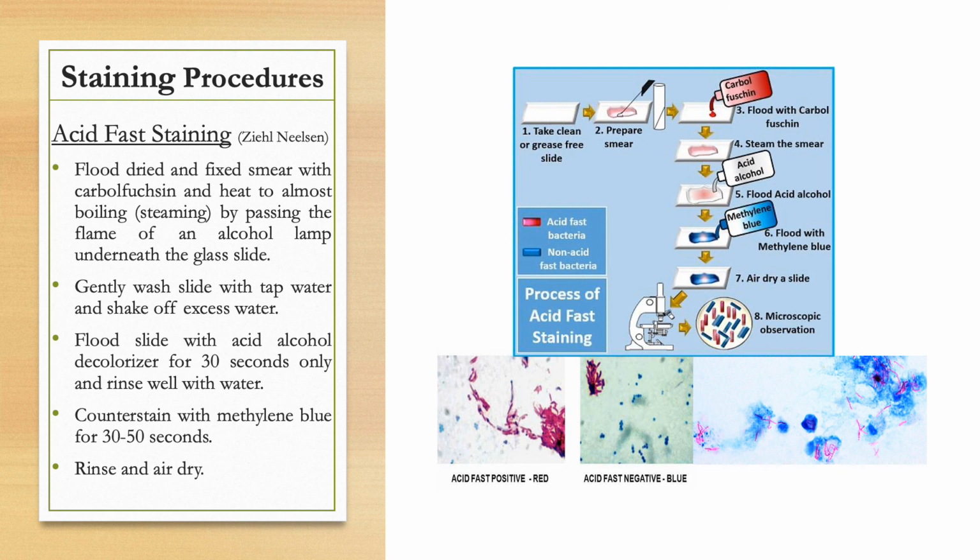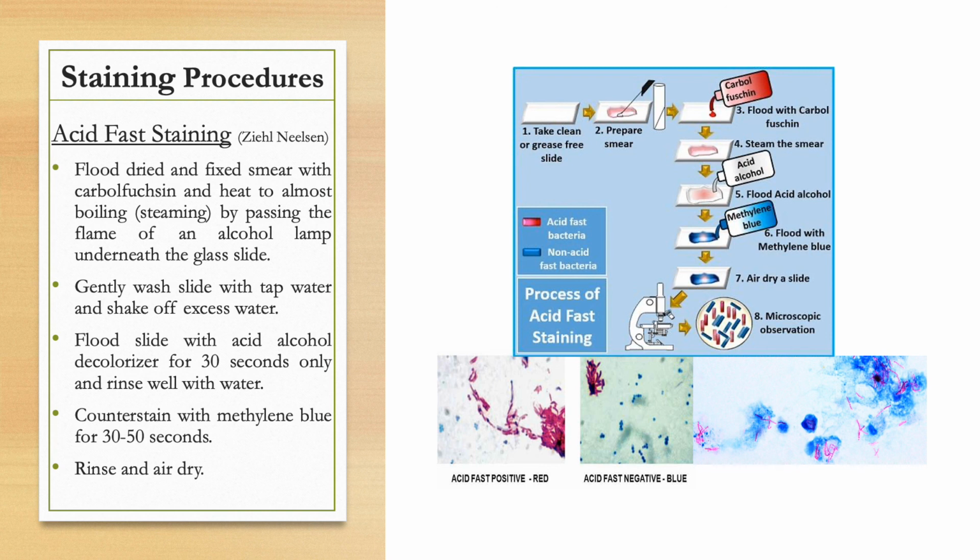All right, so in order to stain these cells, you have to follow a specific set of instructions. So the first thing you need to do is to flood the dried and fixed smear with carbolfuchsin, that is your primary stain, and then you heat the slide to almost boiling. So you will notice that you've heated your slide enough when you notice there is steam rising from your slide.